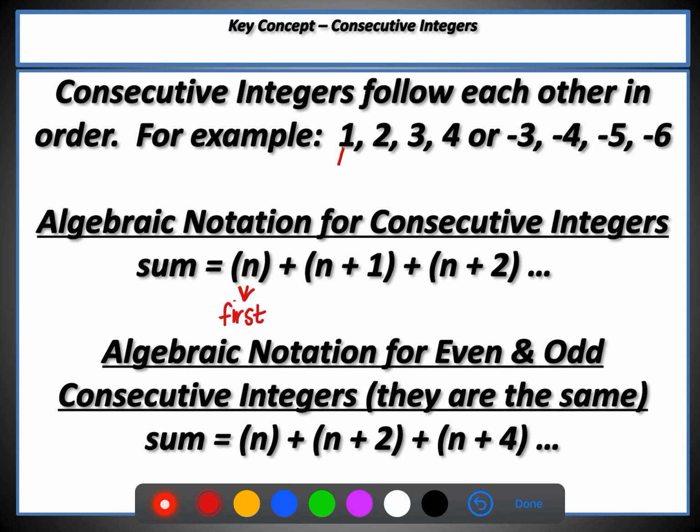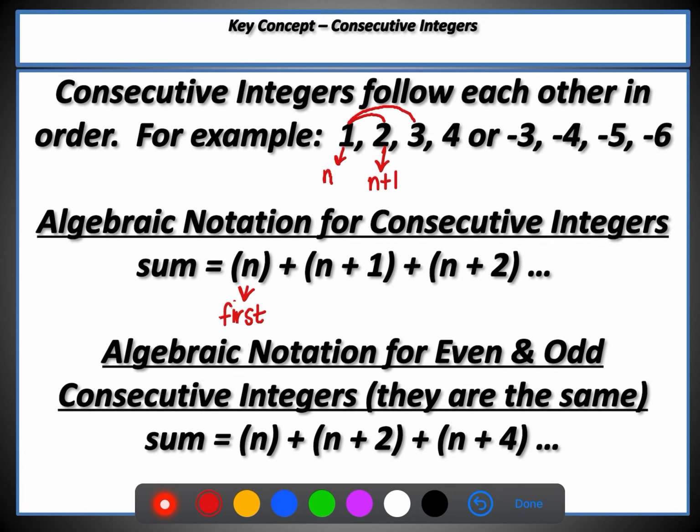In this example, n would equal 1, but we don't know that when we start, because that's our variable. Now, in order to get to our second number, we have to add 1 to our first. So this is n plus 1, because 1 plus 1 equals 2.